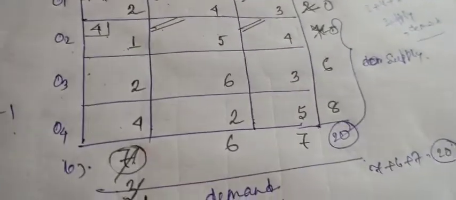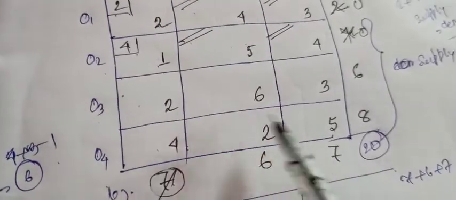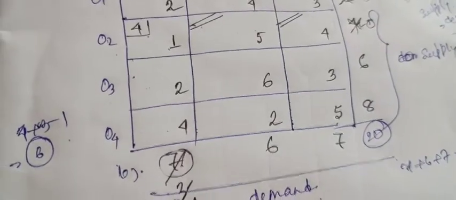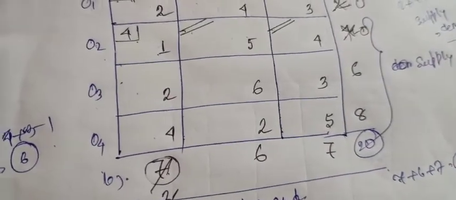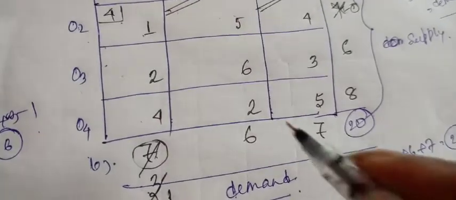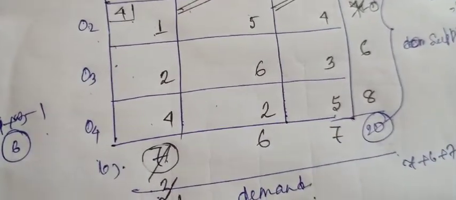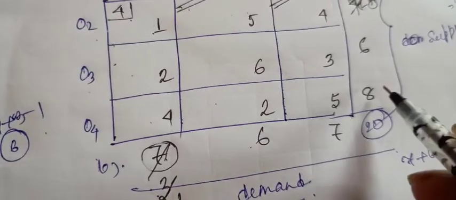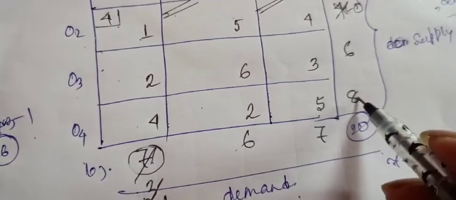Now what is the minimum? 2 and 2. We can choose 2 on our own. If we choose this 2, the demand is 6 and the supply is 8. Supply is greater than demand, so we assign the total demand 6.